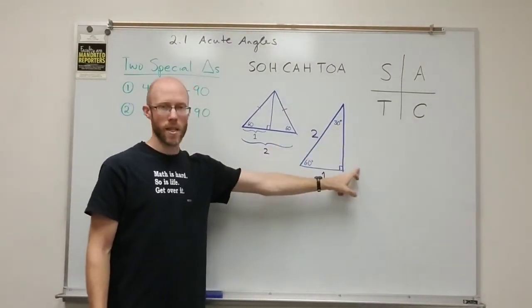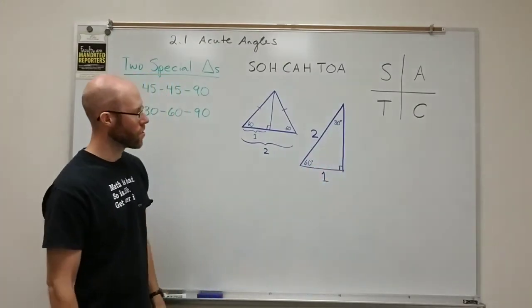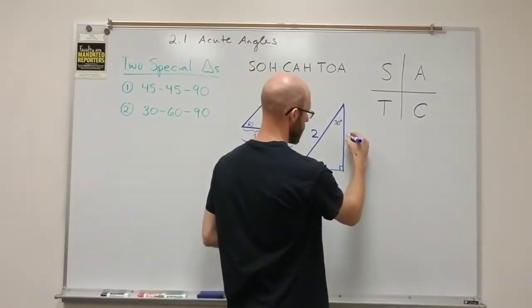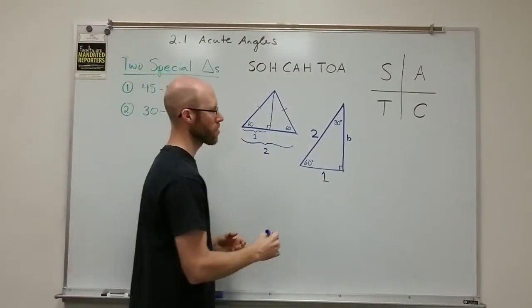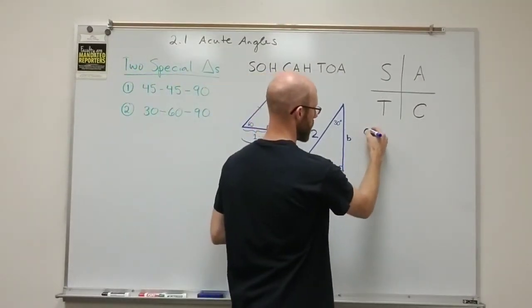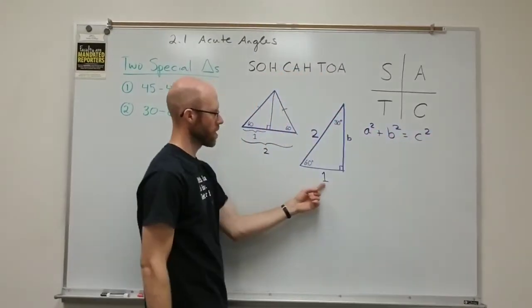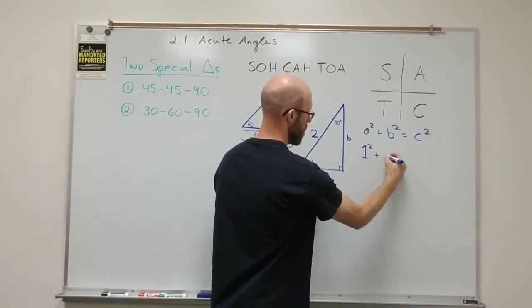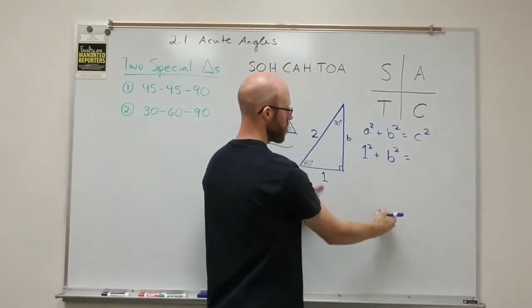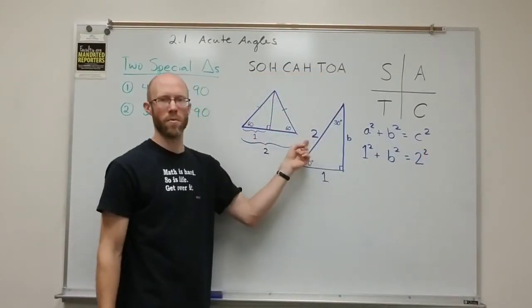The third side then can be found using the Pythagorean Theorem. So I'm going to call that side b, and we'll plug everything into the Pythagorean Theorem, which says a squared plus b squared equals c squared. a will count as 1, so that's 1 squared plus b squared, we don't know, is equal to 2 squared.